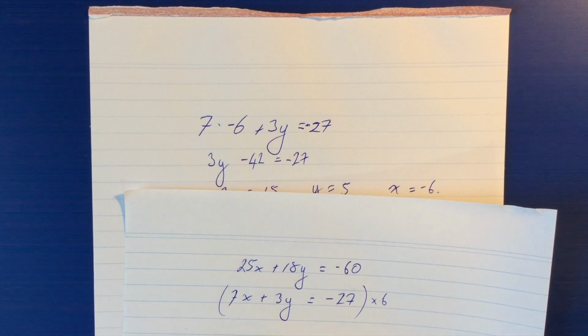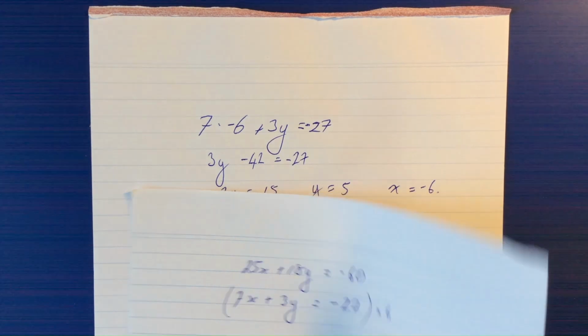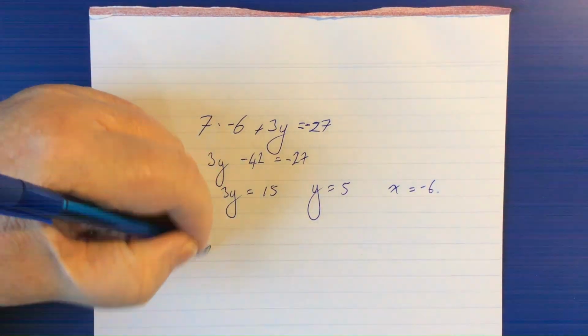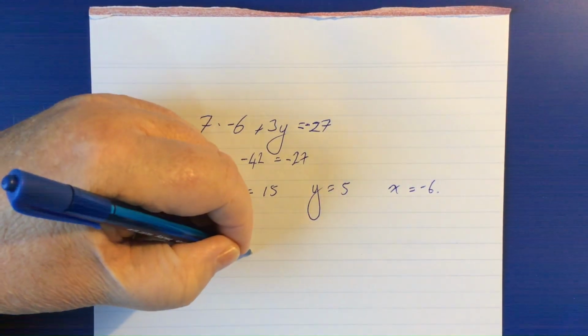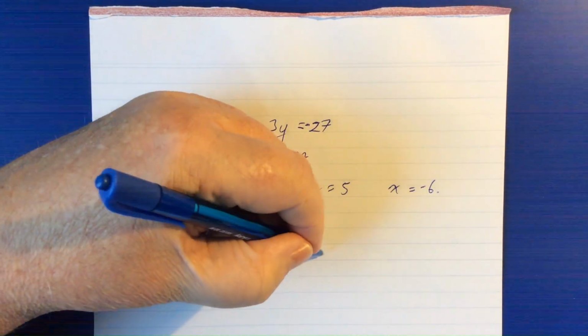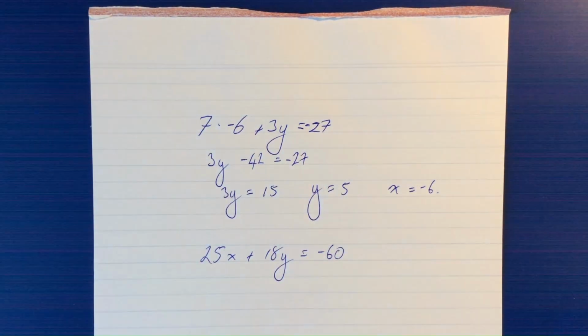And if we're right, 25 times negative 6 plus 18 times 5 is going to equal negative 60. Let's try. So 25x plus 18y should equal negative 60.